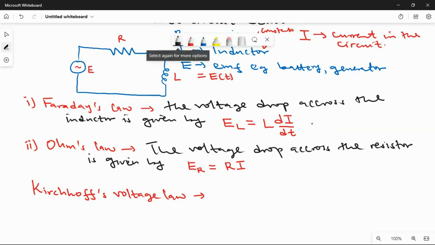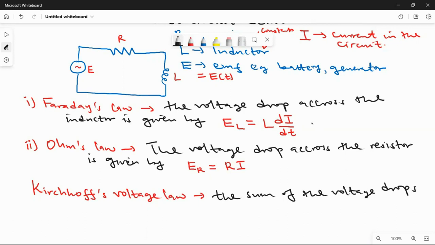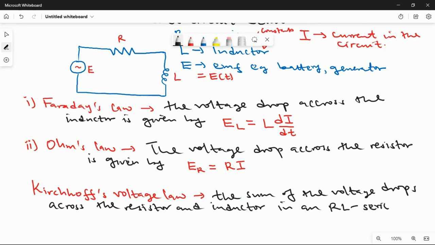It states that the sum of the voltage drops across the resistor and inductor in an RL series circuit is equal to the total EMF.